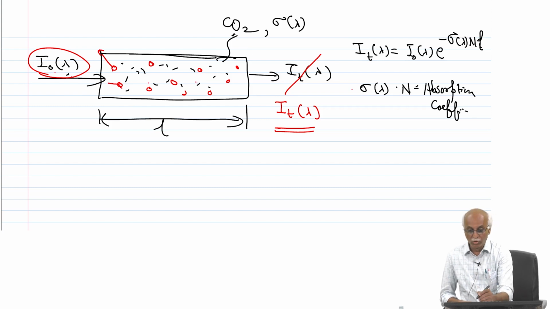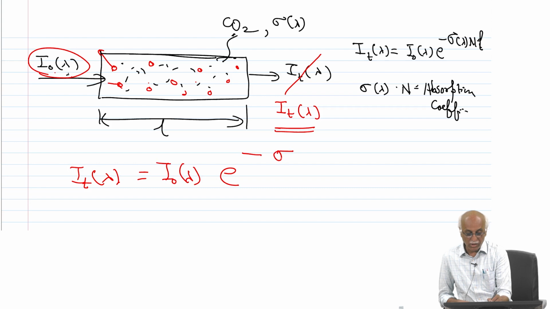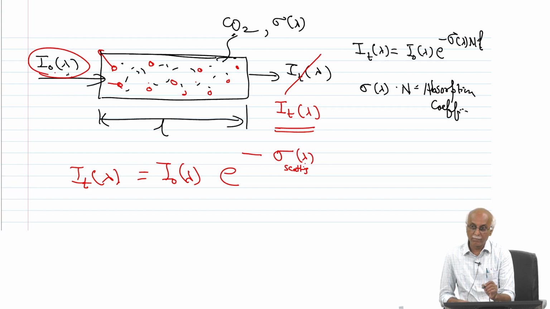So, the transmitted intensity I t lambda will be equal to I 0 lambda into exponent of minus sigma of a scattering medium, and concentration of scattering medium, which of course I do not know.